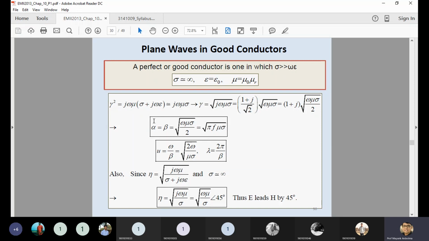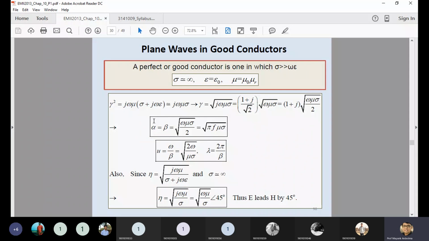These are the electromagnetic waves which move in a good conductor. Already you know that for a conductor the conductivity should be infinite because they satisfy J equal to sigma into E, the current density.